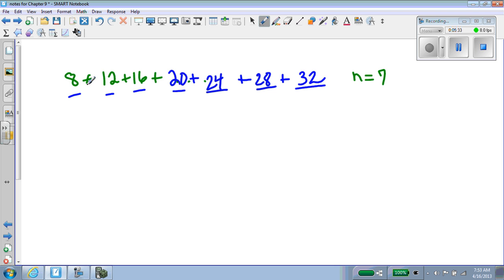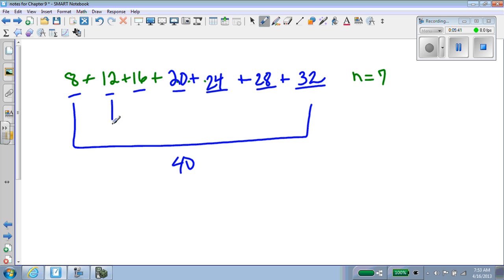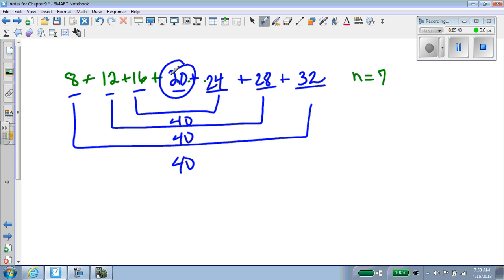Those are the first 7 terms. 8 and 32 is 40. 12 and 28 is 40. 16 and 24 is 40. And the one that's not a pair is 20.